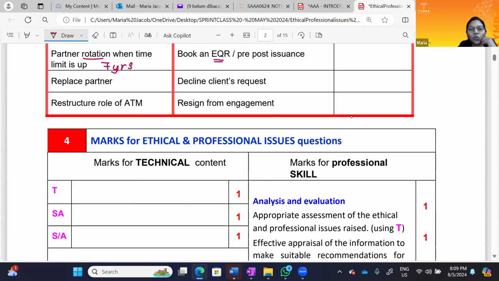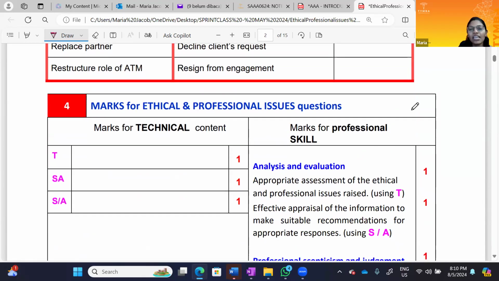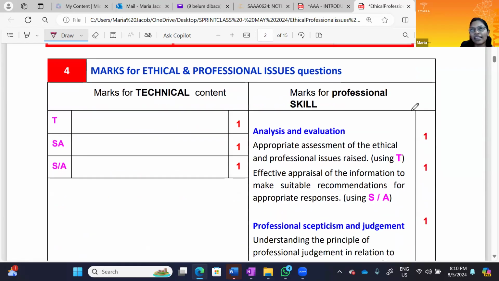Now let's quickly look at how you will get marked. If it is an ethical issue, you will need to explain your threat. When you explain the threat, you will get 1 mark.